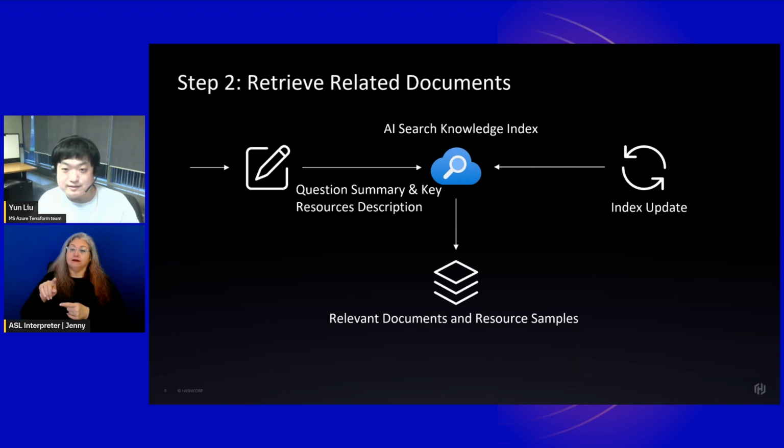You can see on the right there's an independent step called index update. This is for the retrieval process to be as fresh as possible, because when we build the AI search index, it has a cutoff date. So we have to regularly update the AI search index to make sure that its documents align with our latest documents in Terraform.